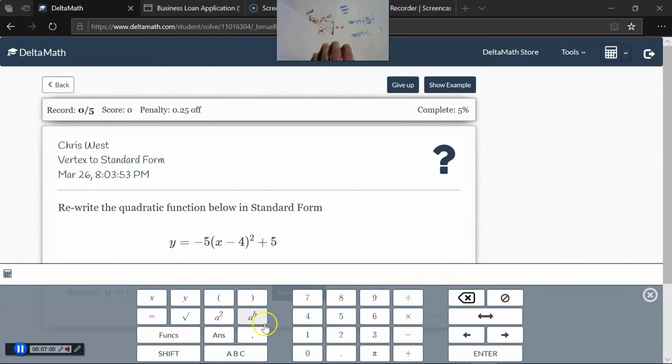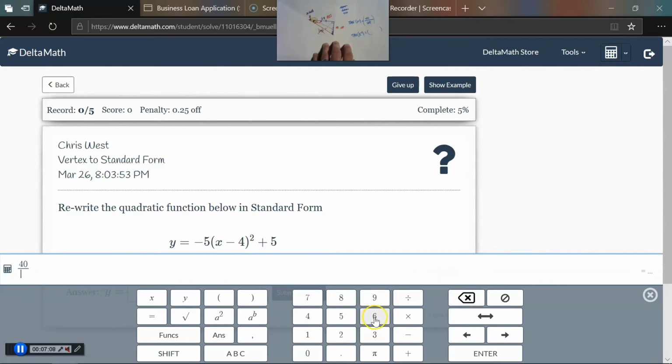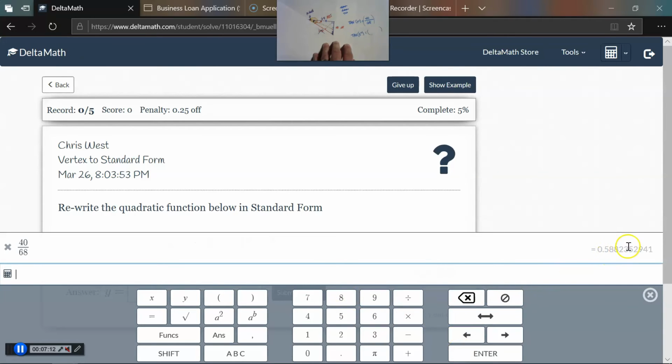I'm going to go to my Delta Math calculator, 40, and it shows way over here, divided by 68, enter. And if I look over here, I want to go 4 digits beyond the decimal. It's going to be 0.5882.